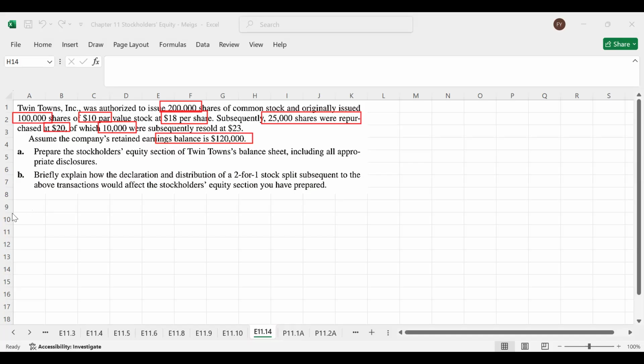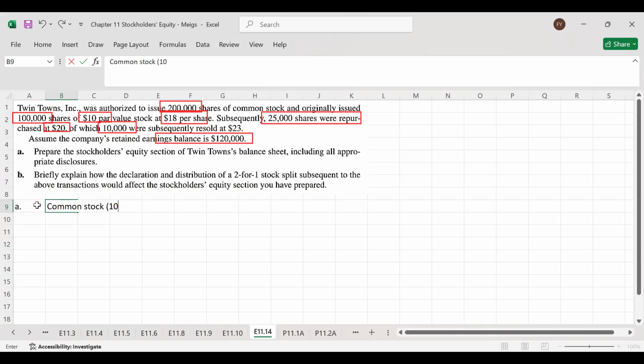So, in requirement A, we have issued capital or common stock, and the total number of shares issued were 100,000 shares, and the par value of one share was $10. So we are going to calculate the amount.